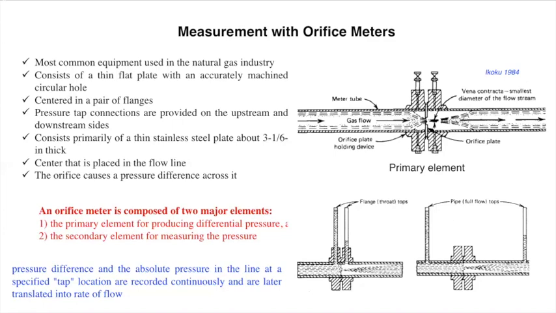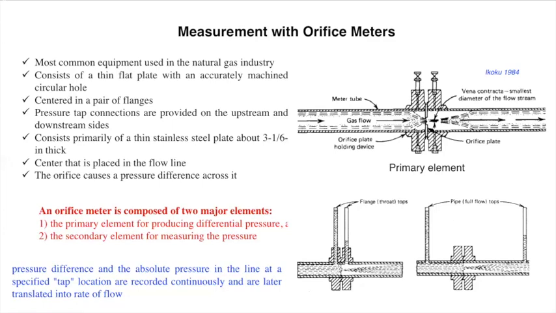The orifice meter, you can see, is composed of two major elements. Number one is the primary element, which is used for producing the differential pressure. Here the primary element is the orifice, right? Generally, the primary element can be defined as the element which restricts the flow in the pipeline to produce the differential pressure.